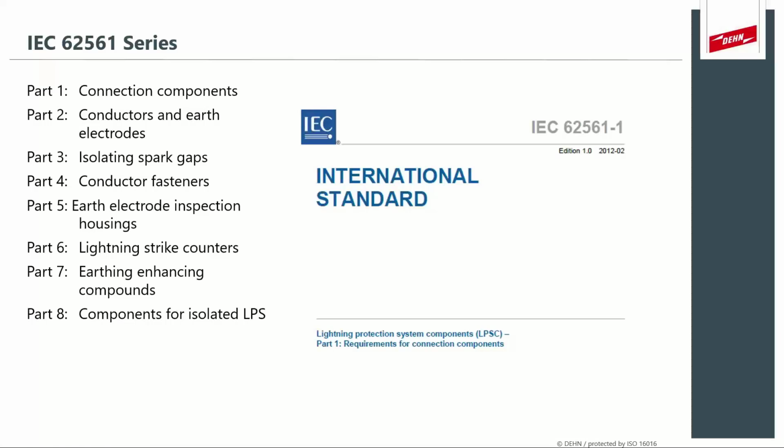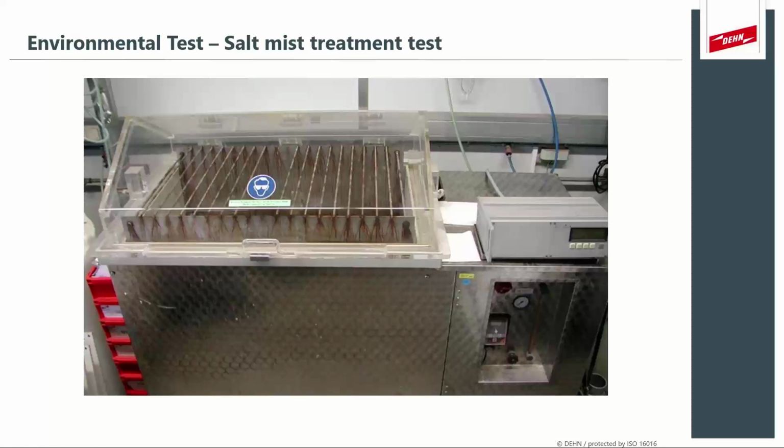So if we then look at the testing requirements for a connection component, as I mentioned, we actually have to test for the salt mist treatment. So it's a salt air atmosphere around the coastal regions and so on, to ensure that it doesn't corrode heavily and lose its integrity and the dimensions and the cross sections of the clamp itself.